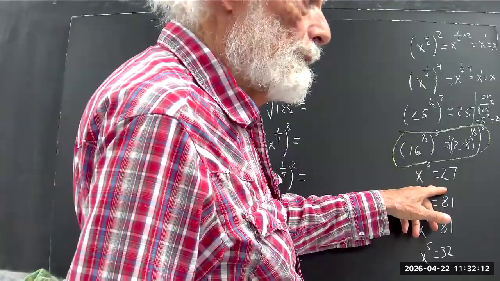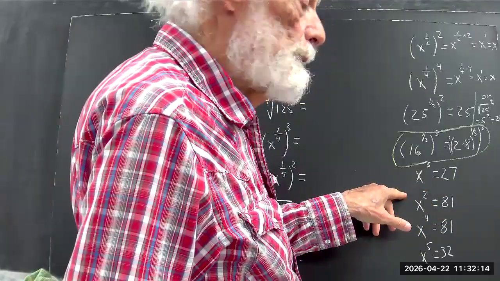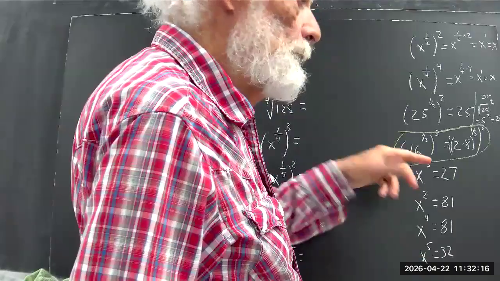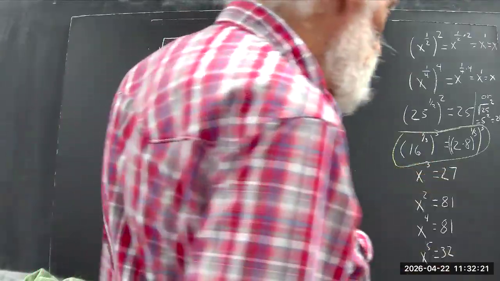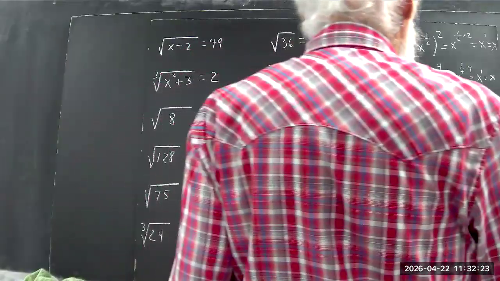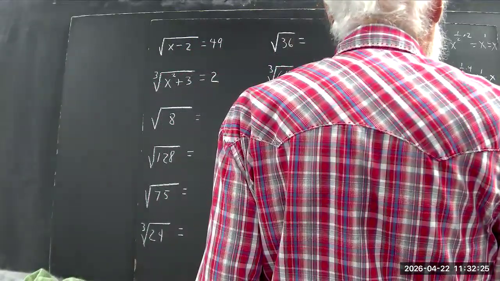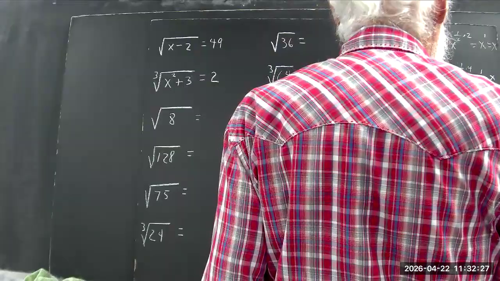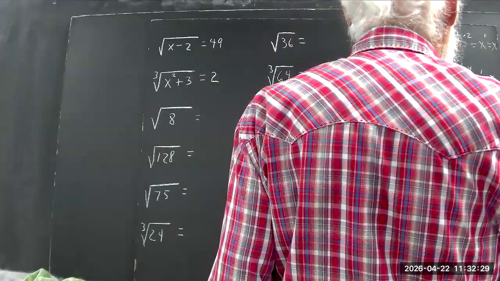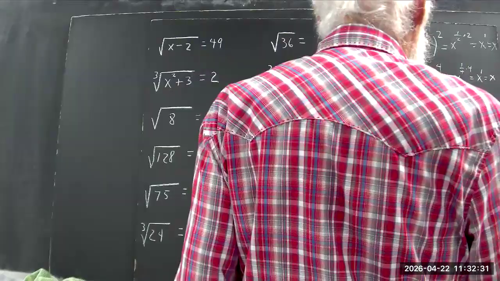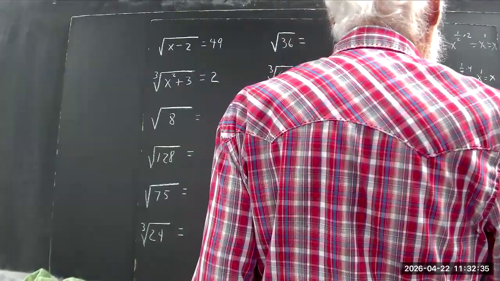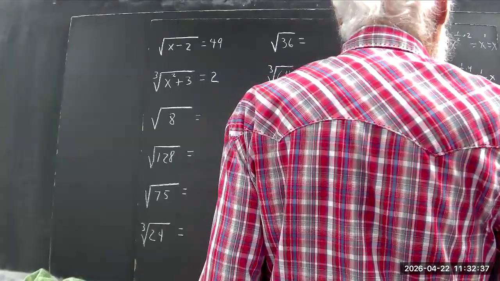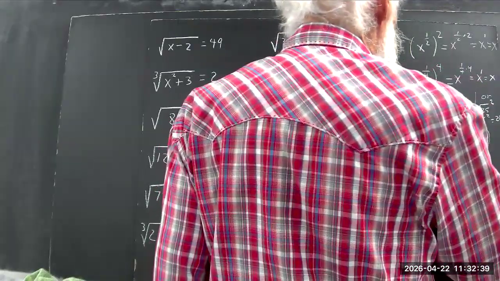It's still too big. What's 3 cubed? Well, 3 cubed is 3 times 3, which is 9, multiplied by 3, which is 27. So x equals 3, since 3 cubed equals 27.